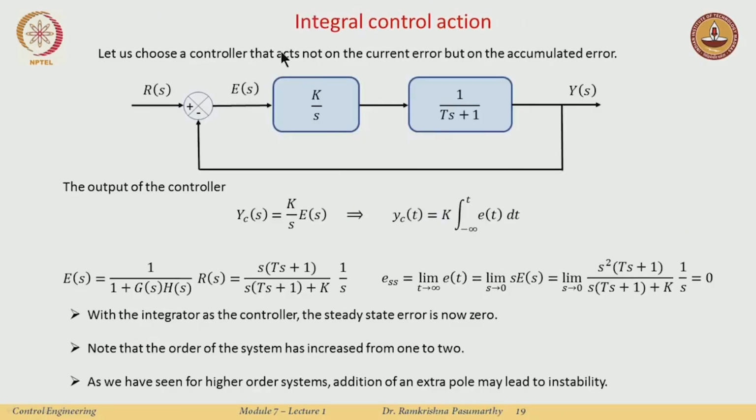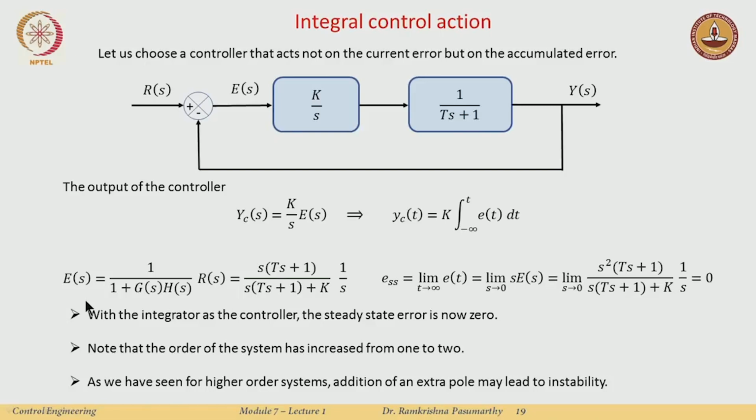Now, let us see what a pure integral control action does, and this actually goes very well with the terms. Integral control action is: I have a k, and I divide by s. 1 over s is an integral action, as the Laplace transform of an integral of a signal is 1 over s times the Laplace transform of the original signal. The output is again something like this.